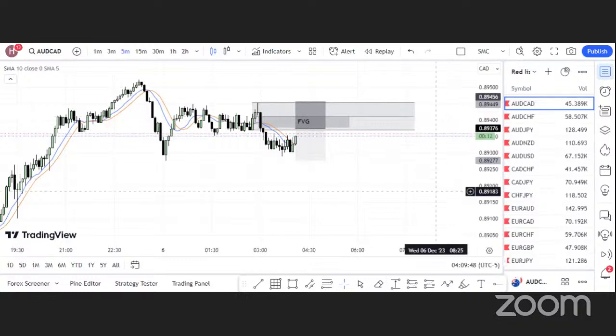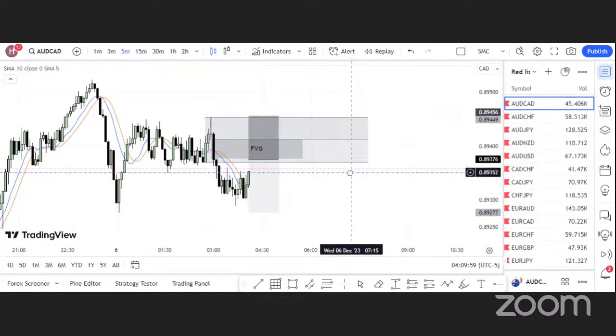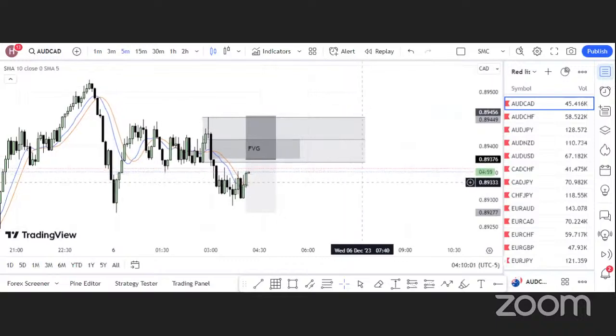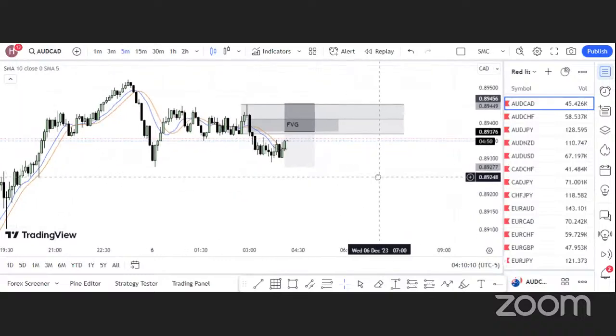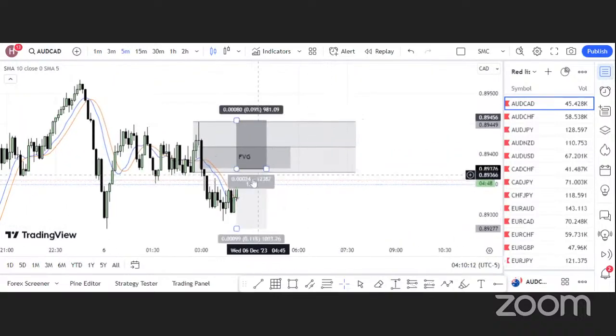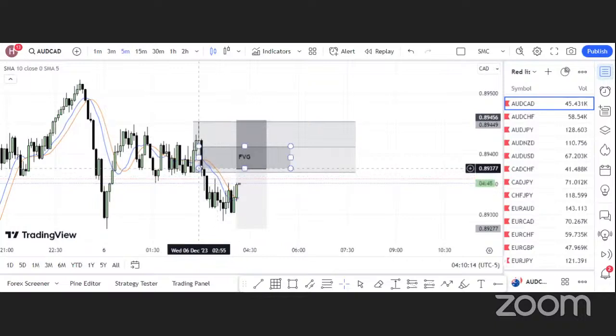Okay, less than a minute, just a few more seconds. Let's see if this is something we can wait on. Immediately this market gets to this point, we are taking our entry and selling immediately.